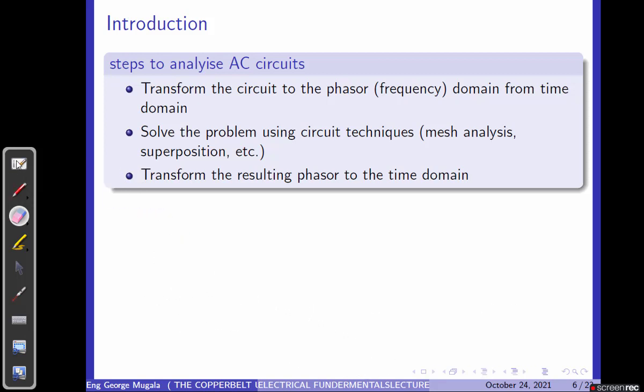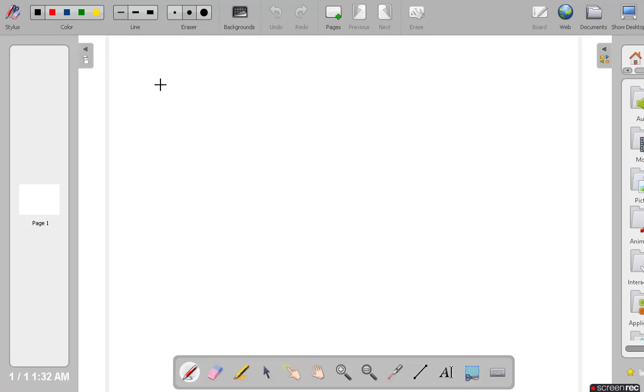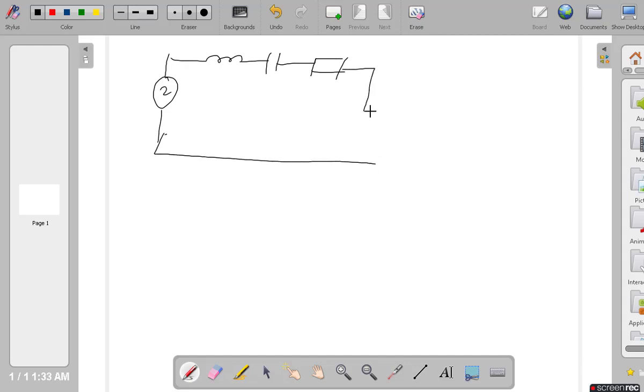So let's just go to the board, for example. We're looking at a circuit like this one, where there's an inductor, a capacitor, and a resistor, right? What I'm saying is that without using complex numbers, it is very difficult to analyze a circuit like this one.